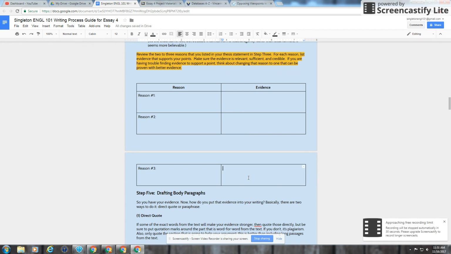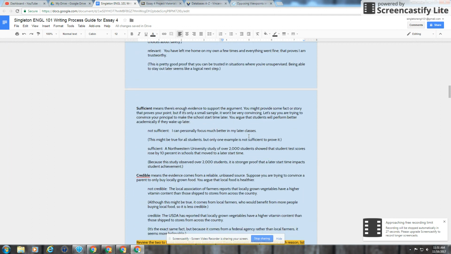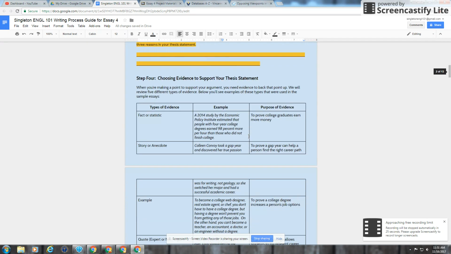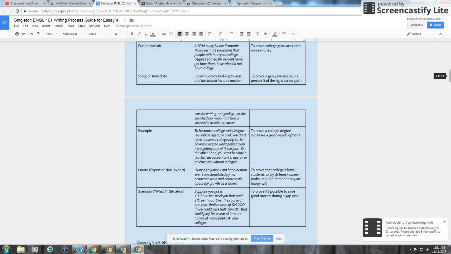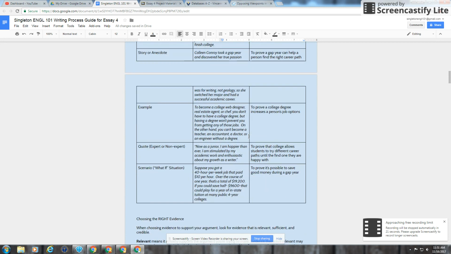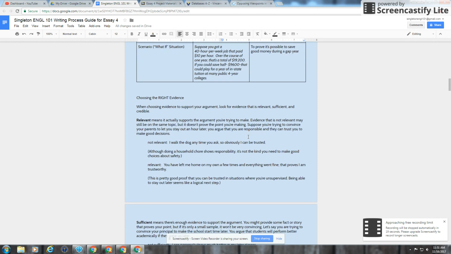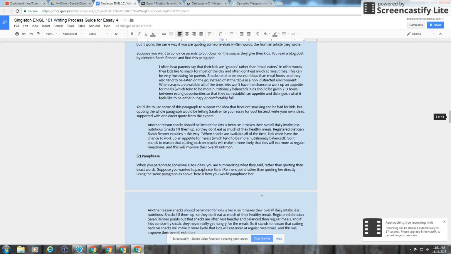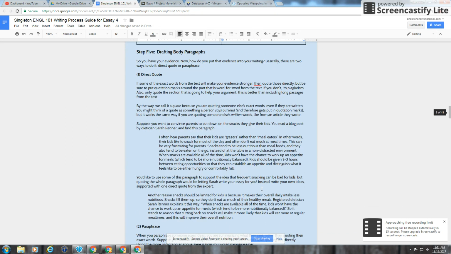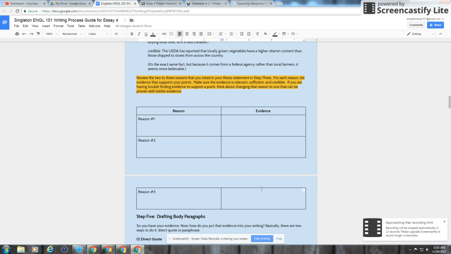The evidence, again, remember, we can go back up here to the chart. That can be a fact or a statistic, a story or an anecdote, an example, a quote, or a scenario. So you will use that to complete the chart in step 4.